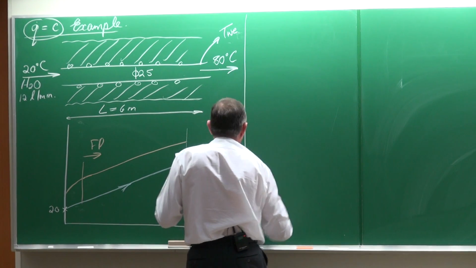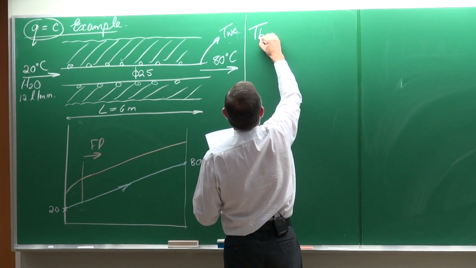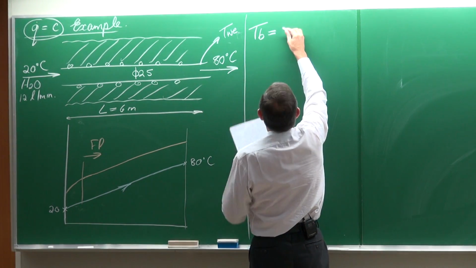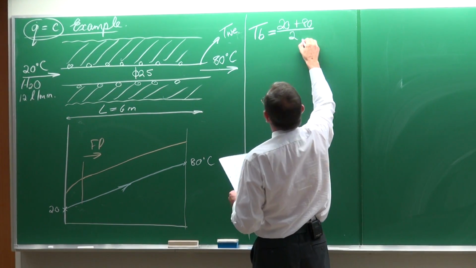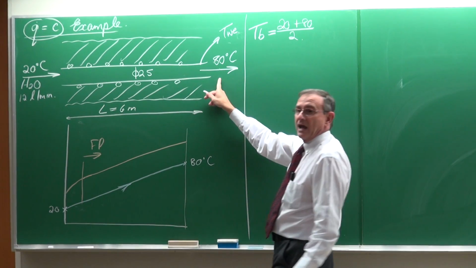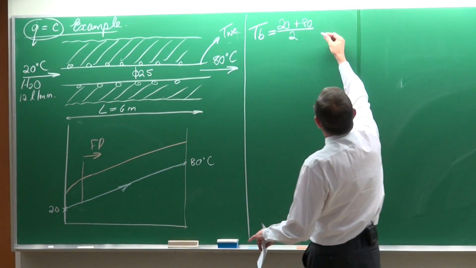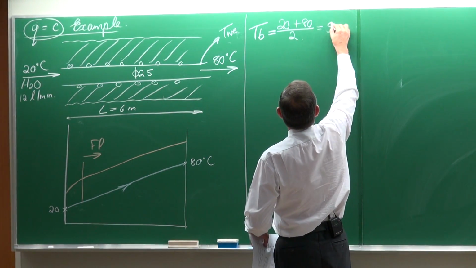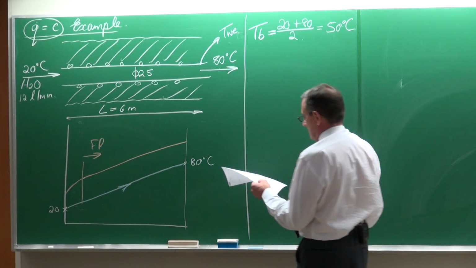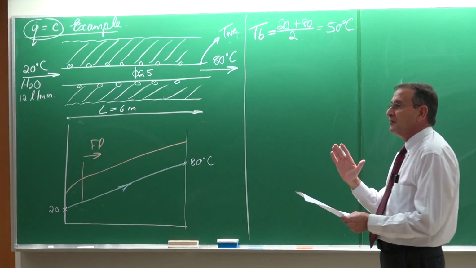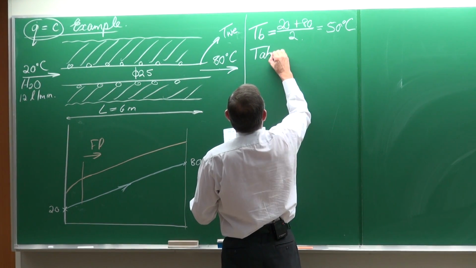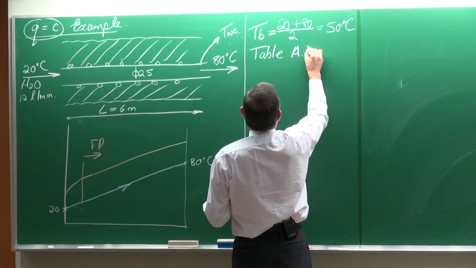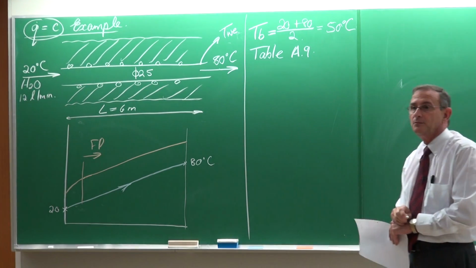So with that, we can look at the bulk temperature of the water, which is going to be 20 plus 80 divided by 2. 20 the inlet temperature, 80 the outlet temperature, so that is 100 divided by 2, which is 50 degrees Celsius. At 50 degrees Celsius in table A9, you should know this table very well by now.